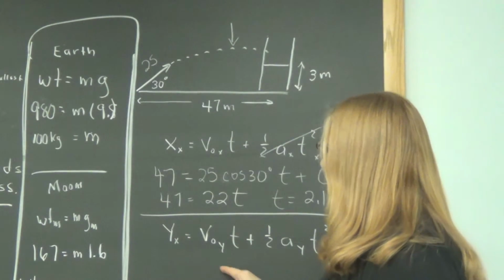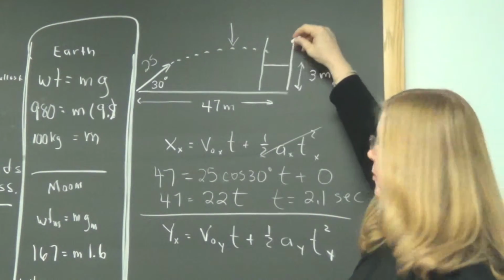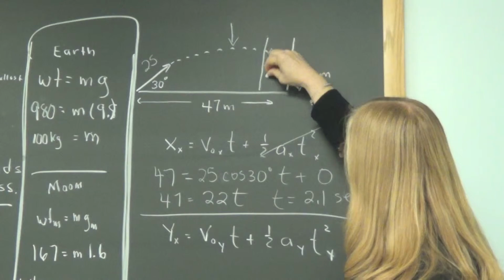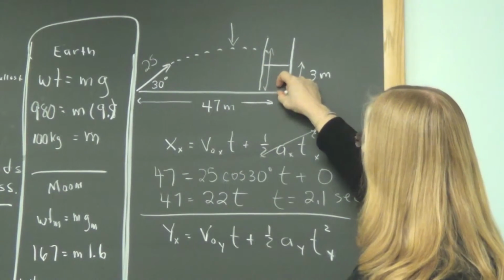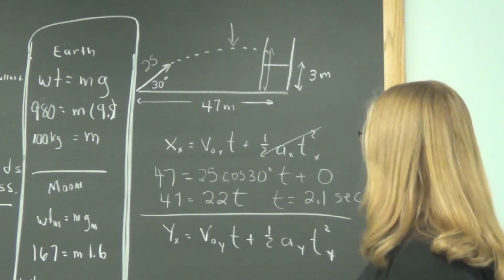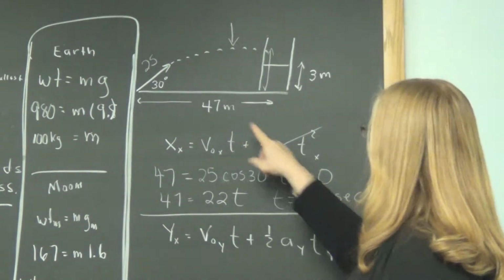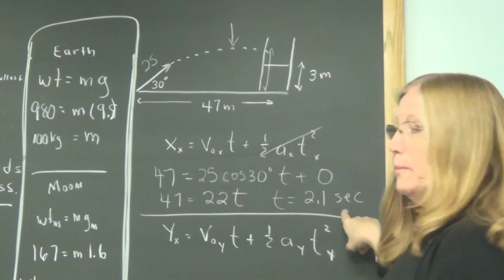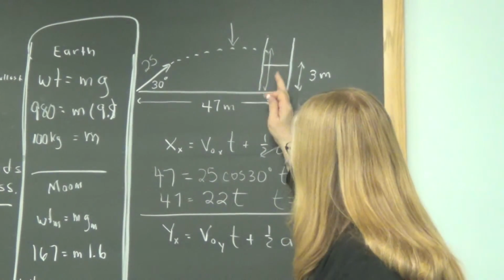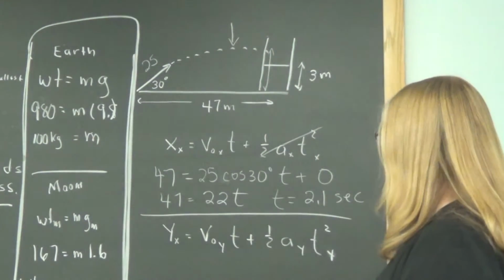And we're going to go to the y direction because this is a question in y. How high is it crossing? Is it crossing way down here, way up here? We're not sure. But we know at 47 meters, it took 2.1 seconds to get to the 47 meter mark. So that's very valuable.